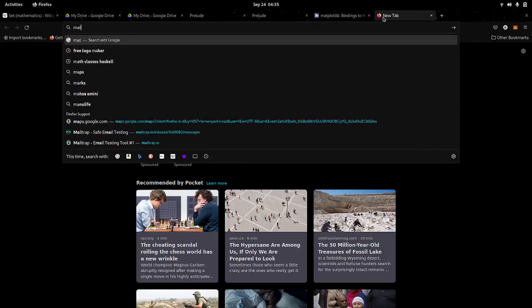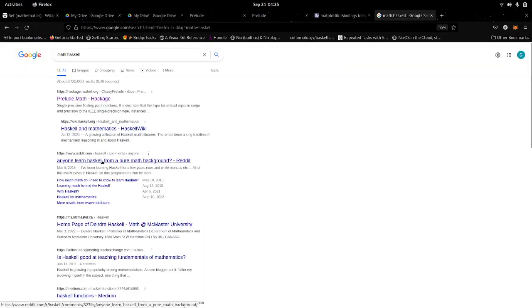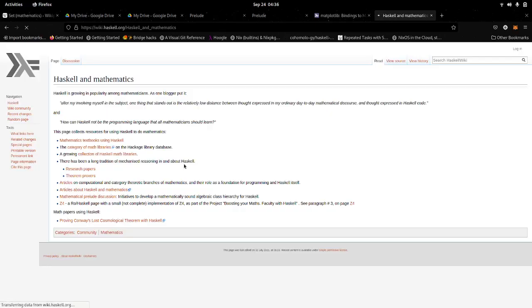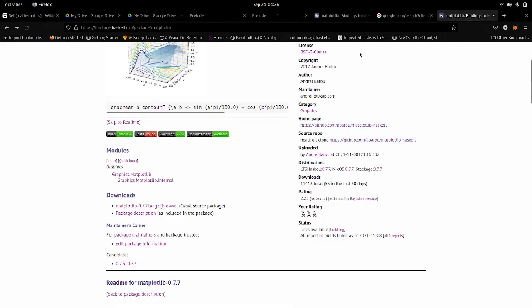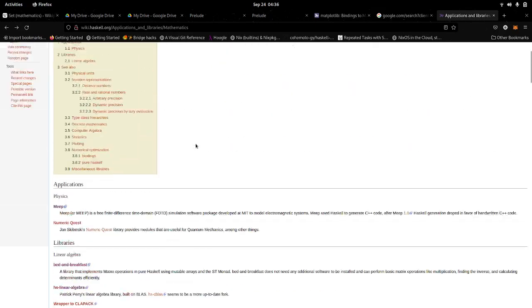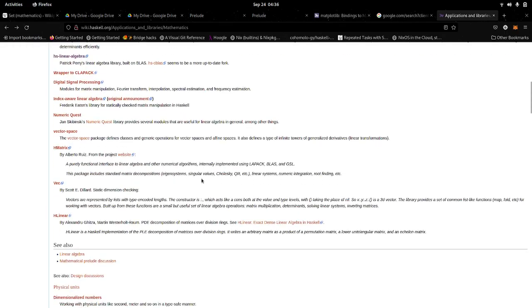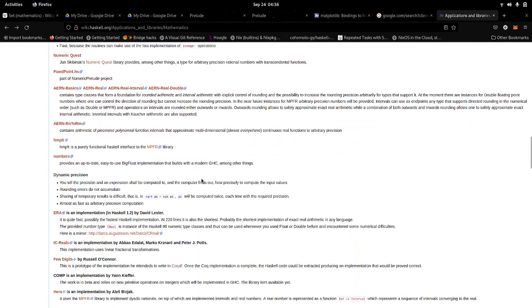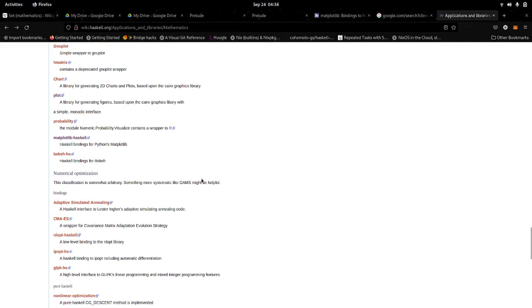So anyways, I will say there is a wiki for Haskell. I closed it, so I gotta go back to it. If you do want to look at more in-depth mathematics, obviously we're talking about very simple mathematics here, there is a ton of different functions that exist in Haskell.